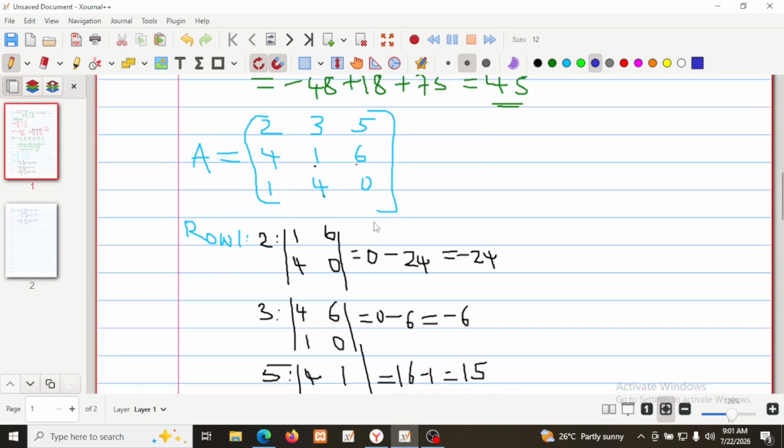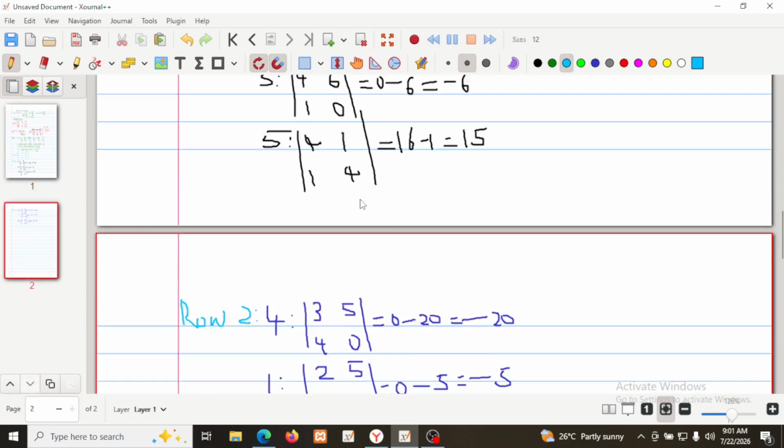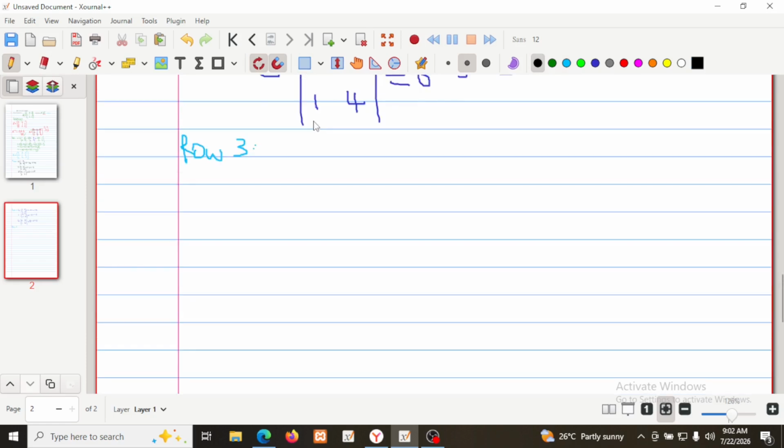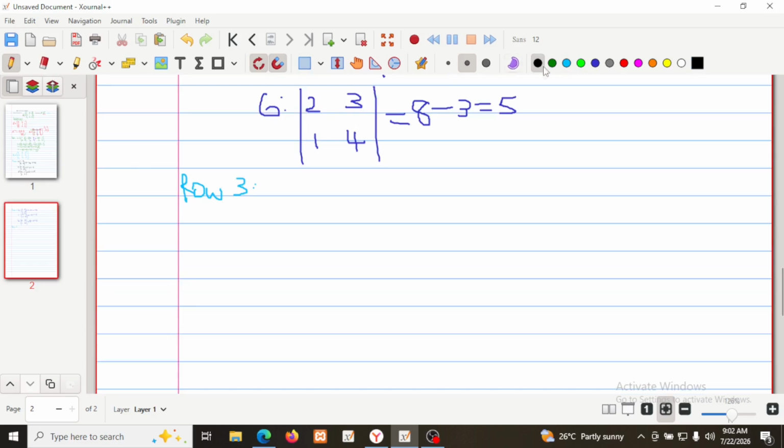Then we complete the third row. We have row number 3: 1, 4 and 0. So for row number 3 we have 1, 4, 0. We'll use a different color.